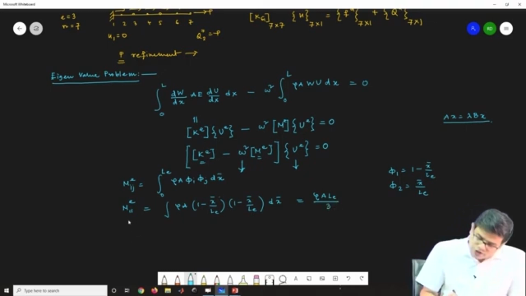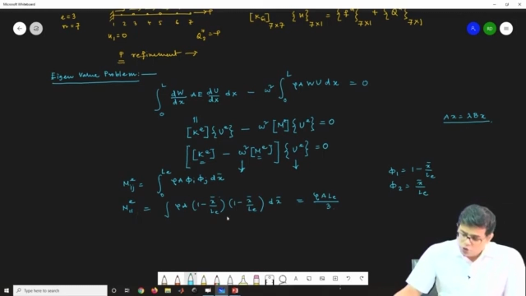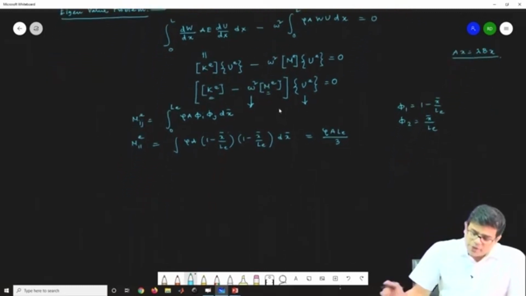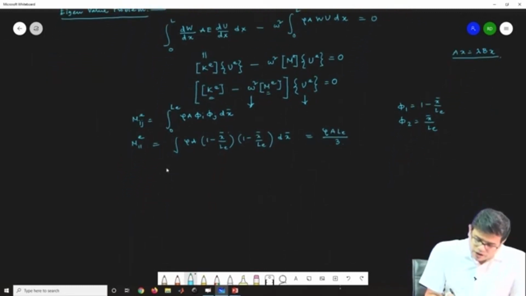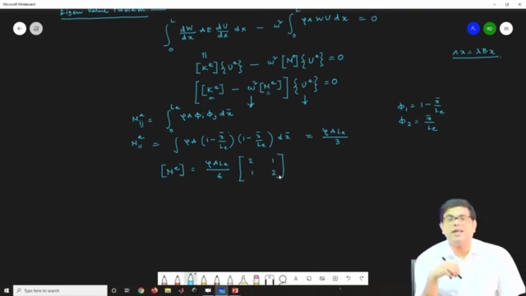Now if I do it for M12, M21 and M22, I will get the mass matrix for the linear bar element, which looks like this. Essentially this is rho A Le by 6 times [2 1; 1 2]. So this is my consistent mass matrix.